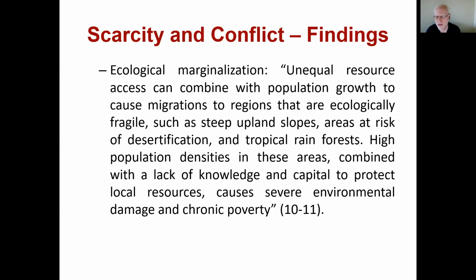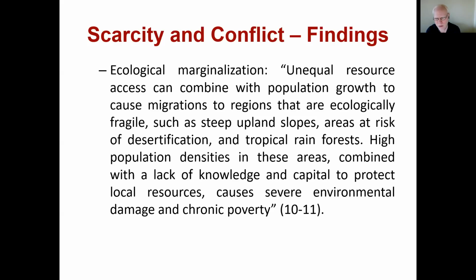And because we've seen the most marginalized or the weakest groups often being the ones who have to move into these new areas, they often don't have the educational background to know how to manage agriculture in these more difficult regions, and the capital to get the equipment to do so in a way that protects the local resources and doesn't degrade them.